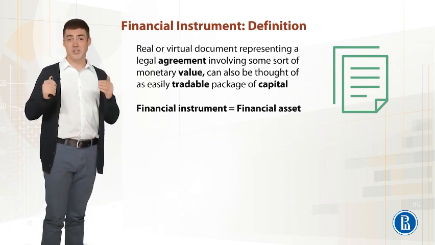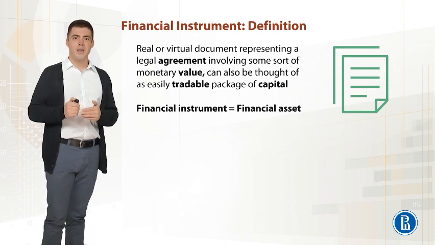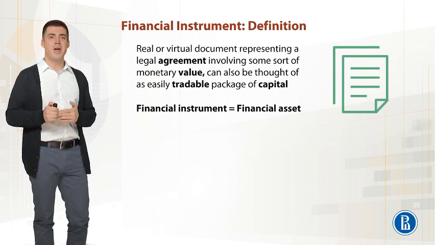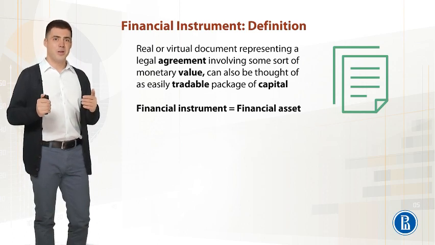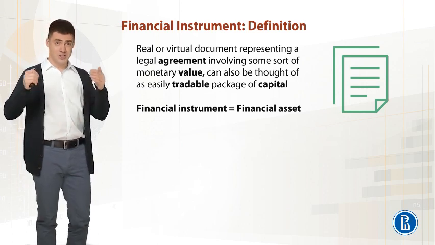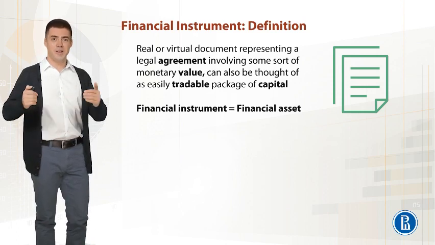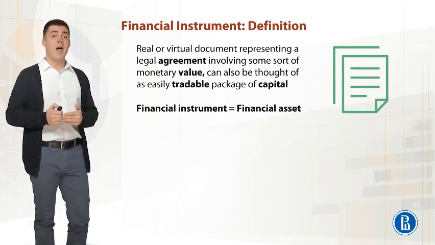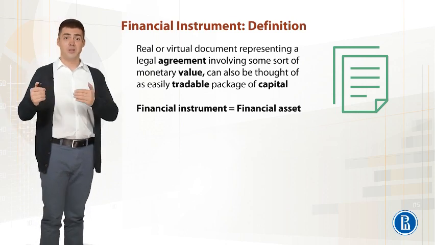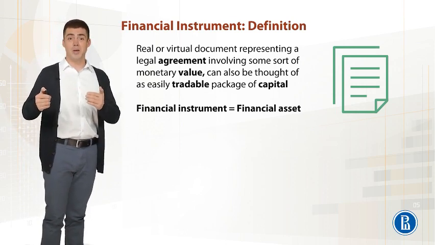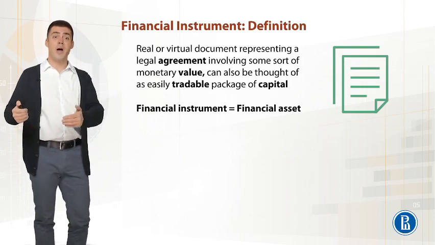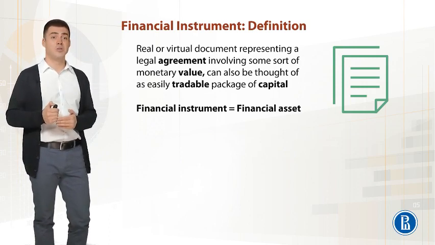Another word is value. As I have already mentioned, financial instruments do not have real value. That's why this is the right represented by the financial instrument, which has the true value. And those rights can be traded separately, which means that trading a financial instrument means trading the rights represented by this financial instrument.